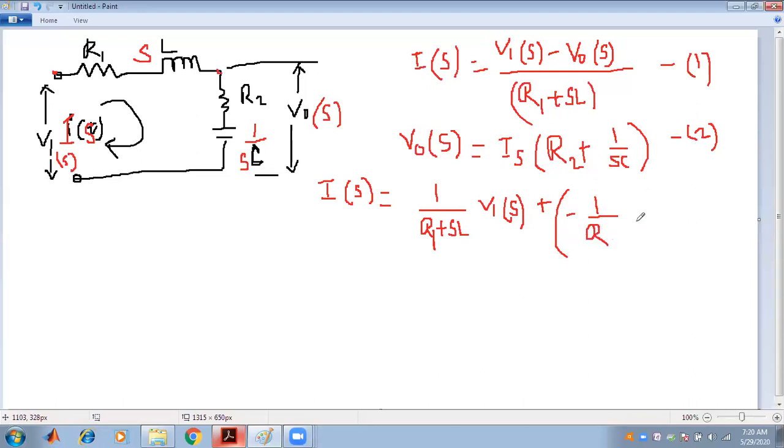We are not putting equation 2 into equation 1, we are just making a simplified form to draw the graph. So now we will concentrate on how we can draw the SFG, the signal flow graph.